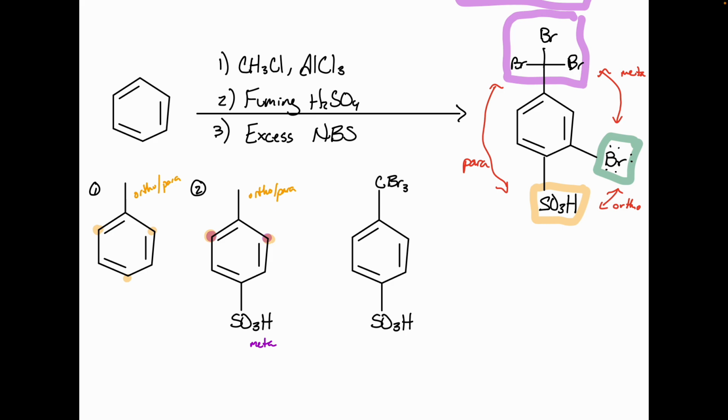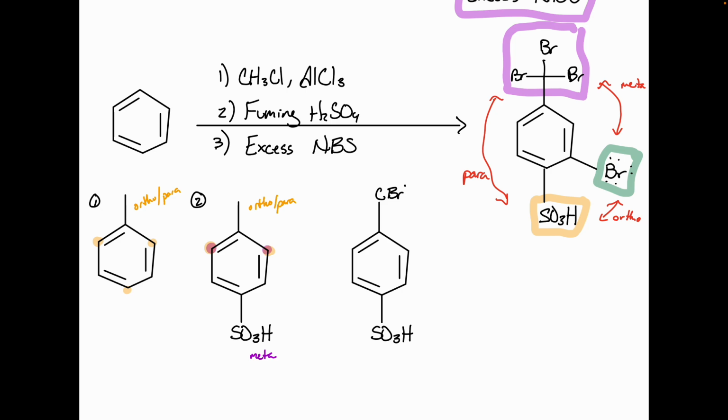And not only is it a meta director, but it is a strong meta director compared to my sulfonic acid group, which is just a moderate meta director. So the sulfonic acid group still wants it to go to these purple carbons here, but now my strong meta director is going to win and direct that bromine to that green position there.